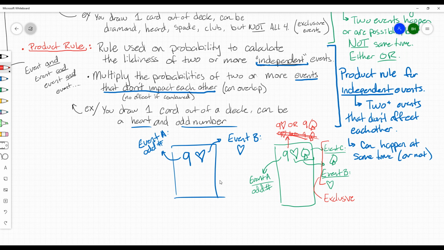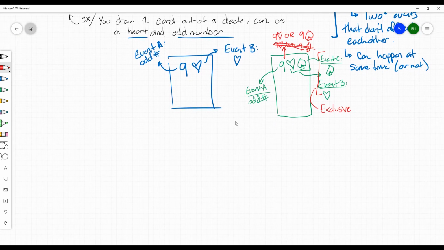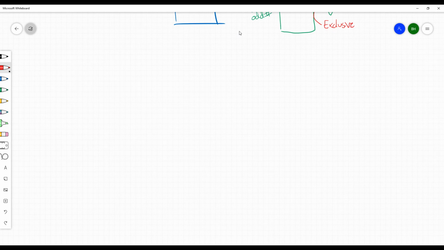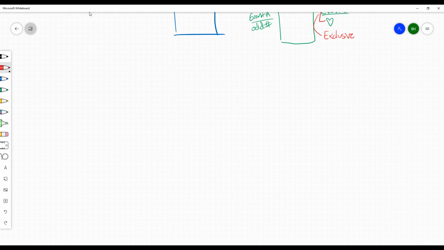Okay, so let's transition a little bit. Let's look at some notation here. The first piece of our notes, we looked at vocab. The second piece of our notes is notation. Let's start by using our vocab again.